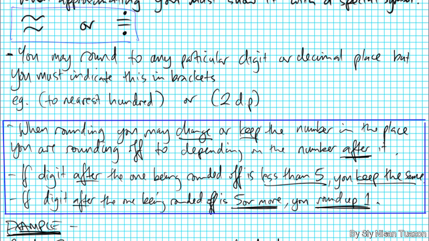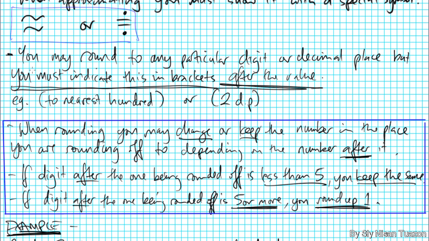You will be asked to round to any particular digit or decimal place, but again, you must indicate this in brackets after the value. So let's say you're rounding to the nearest 100, you would put the answer after the approximation sign, and you would have brackets saying to the nearest 100.